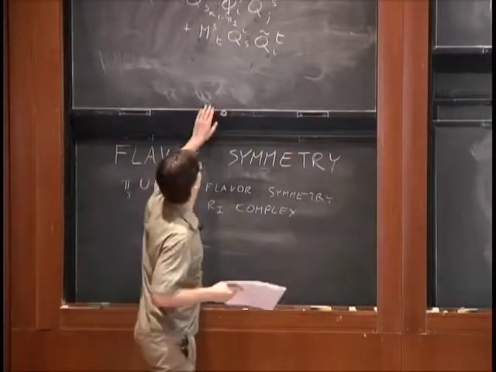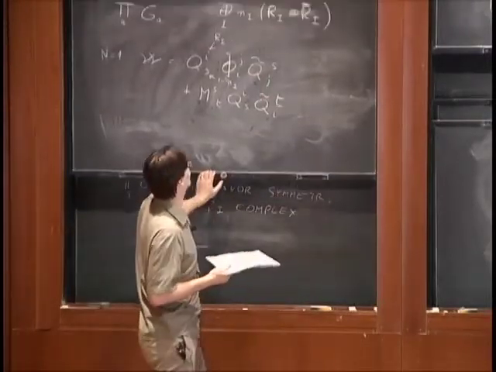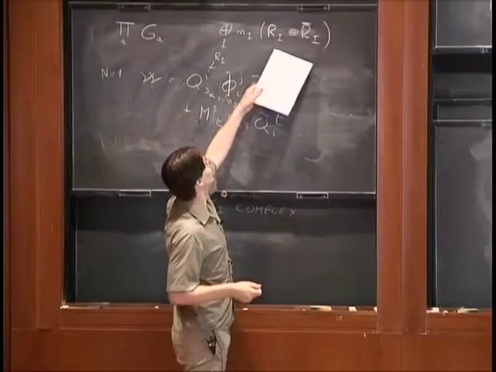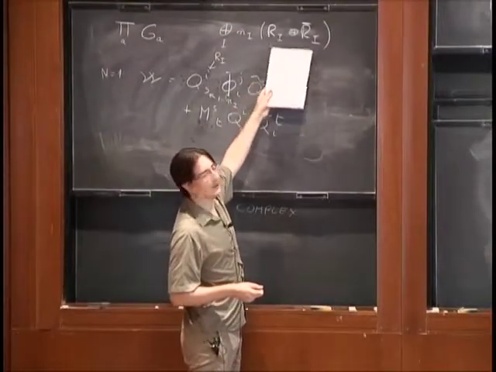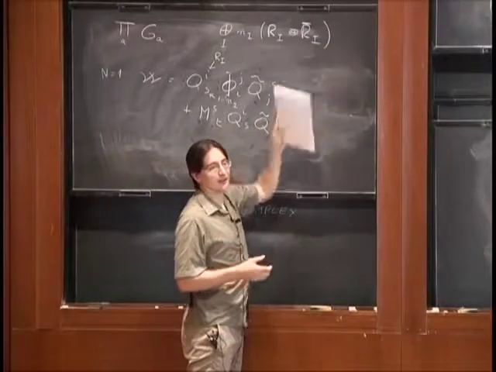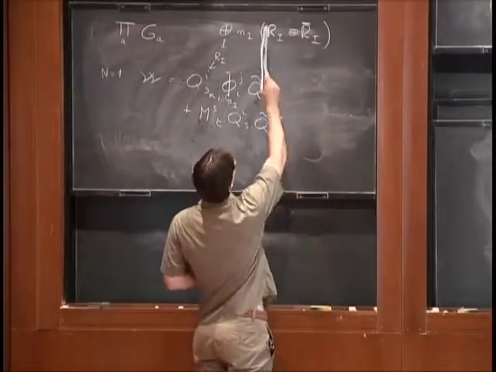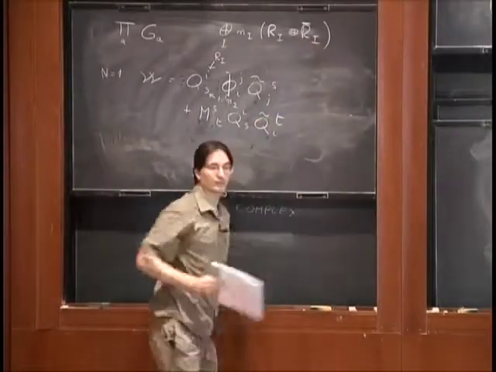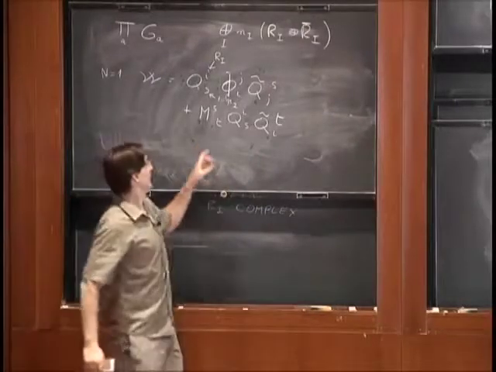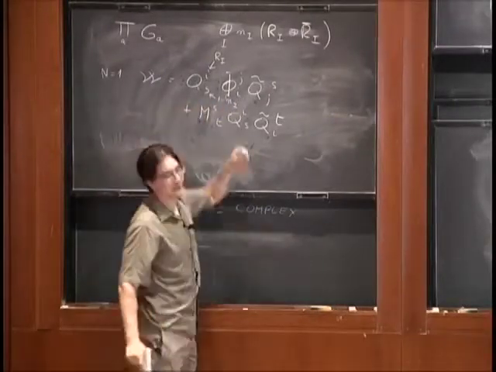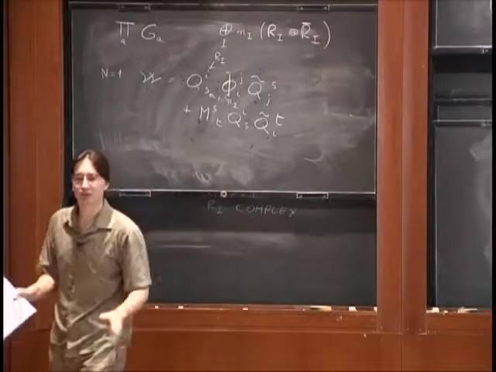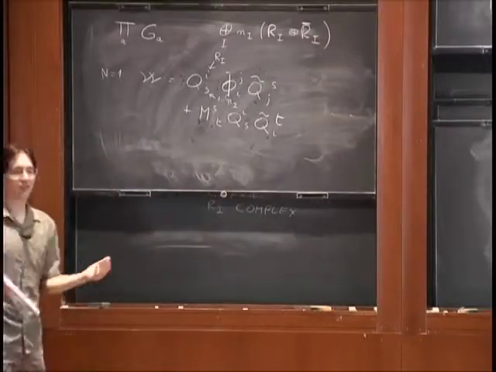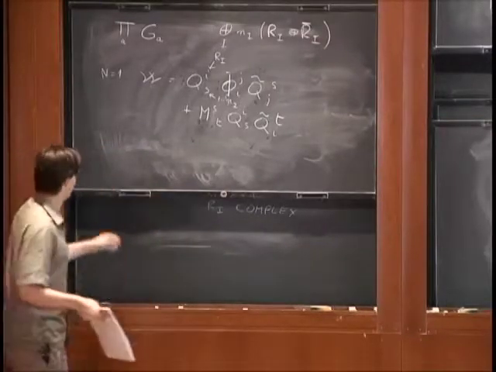But if this representation is real or pseudo-real, so it can be identified with its complex conjugate, then you can also try to rotate together Q and Q tilde. But because of these couplings, you don't quite get a full unitary symmetry. You cannot just rotate them freely.